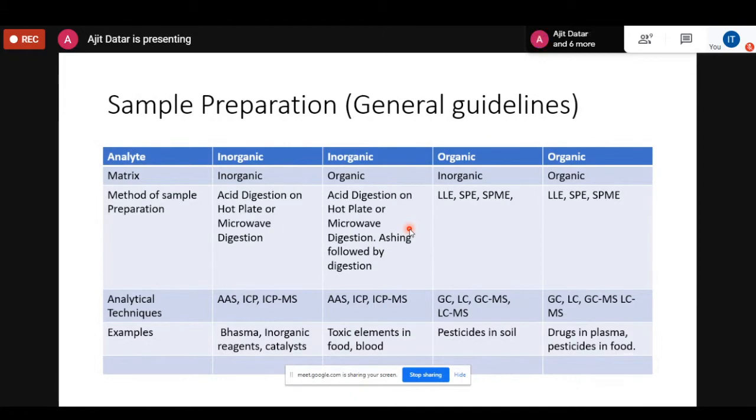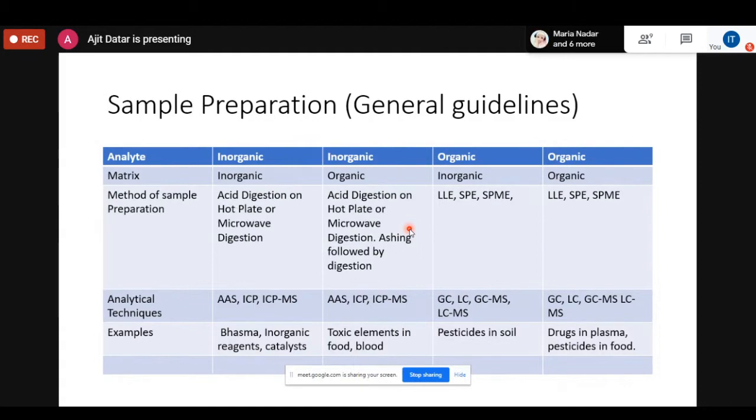If there is a contamination of any of these elements in humans, you have to measure the contents of these toxic elements in blood, or even in skin, nail, or hair, because many times these toxic elements accumulate there. Okay, so that's one part. So when we have inorganic analyte, these are the methods to be used.